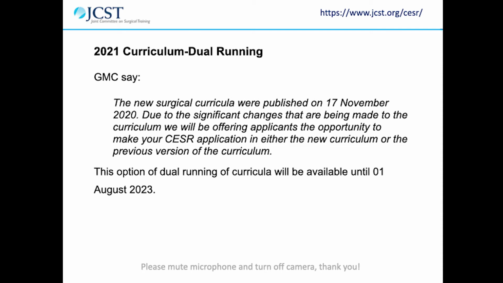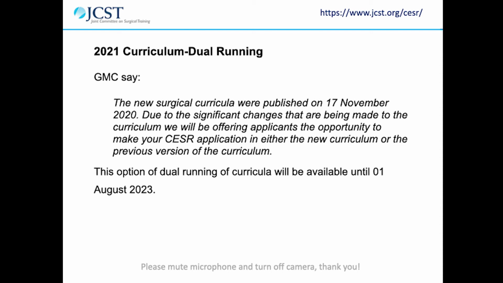But what the GMC have said, because it's all quite complicated and it's quite new, is that people can choose whether to apply under the 2021 curriculum or the curriculum that I'm probably going to refer to as the current curriculum. And you can do that until the 1st of August 2023.